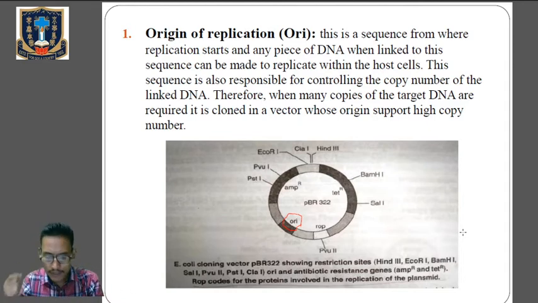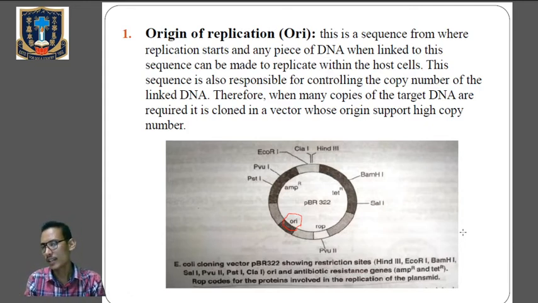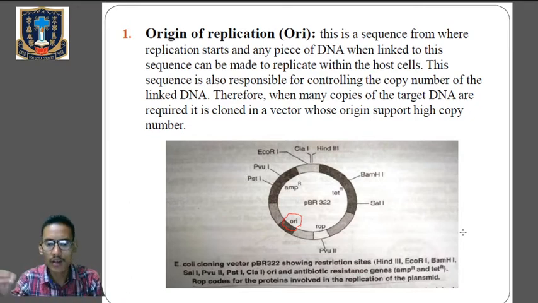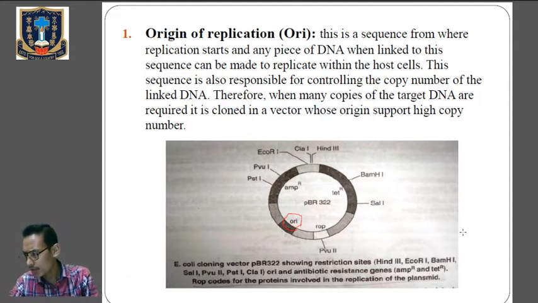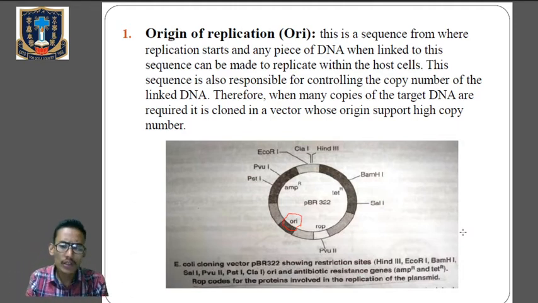Again I am saying that any foreign DNA inserted into the vector also gets replicated along with the vector DNA. Any segment of DNA having the gene of interest, when inserted or linked to the vector DNA, will also replicate along with the vector DNA. That's why we say that this ORI site is not only responsible for producing multiple copies of DNA, but is also responsible for the copy number of recombinant DNA.